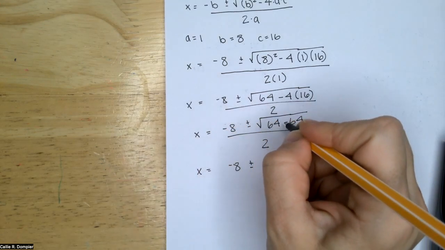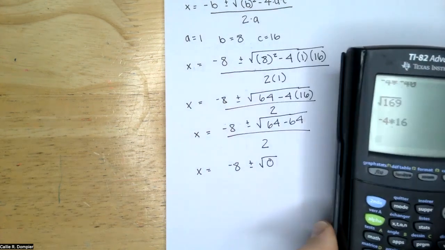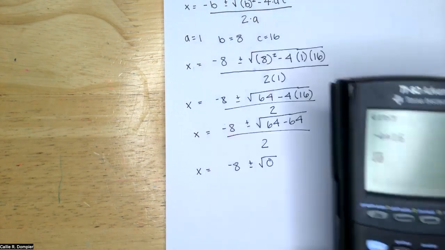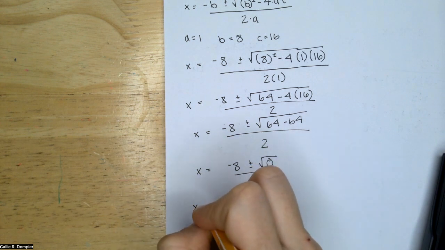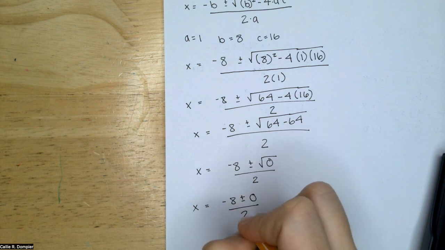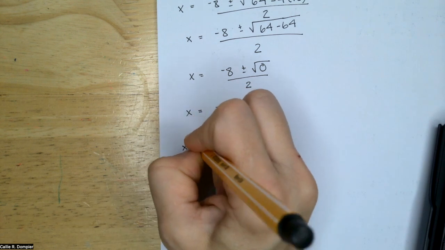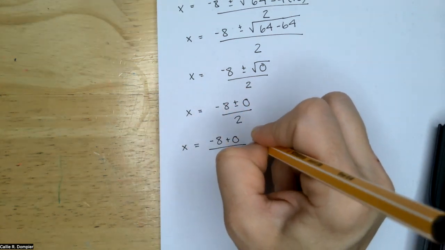The square root of 64 minus 64 is just the square root of 0, right? Because 64 minus 64 is 0. The square root of 0 is 0. So now we have x equals -8 plus or minus 0 divided by 2. Again, you have a plus and a minus. So you could say x equals -8 plus 0 over 2.